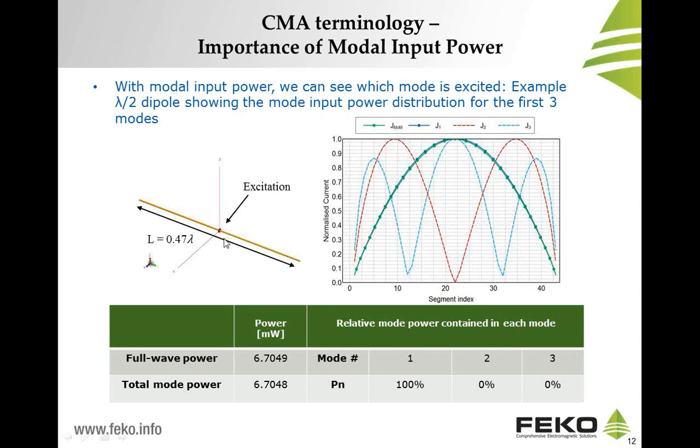But if we excite the structure in this particular manner, we see that our excitation couples very efficiently into our first mode by looking at the relative mode power that is contained in each of our modes, which these quantities are rounded, but we see that essentially all of the power is contained in our first mode when we excite the structure like this. Obviously, as different types of structures or different excitations are considered, these power distributions will vary between the modes.